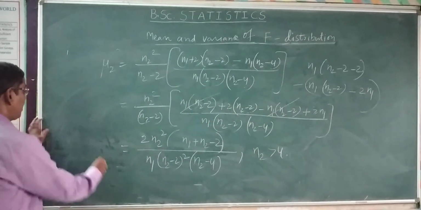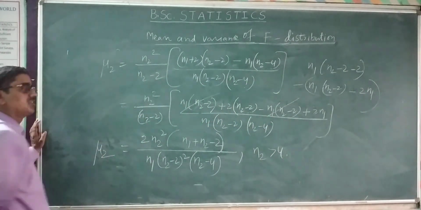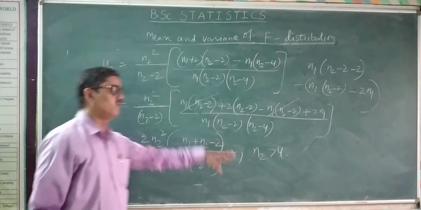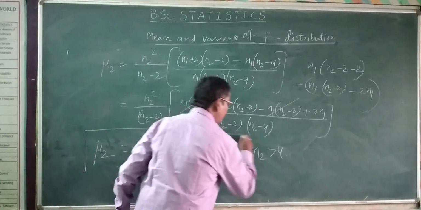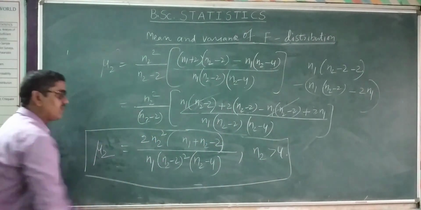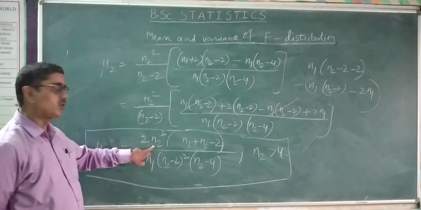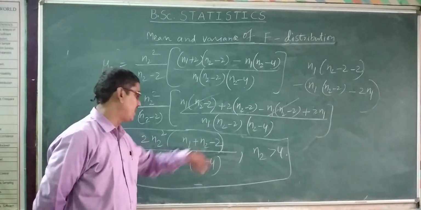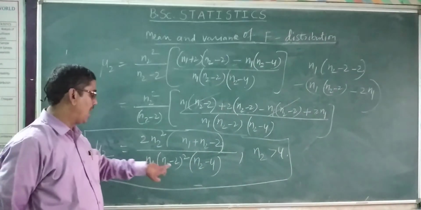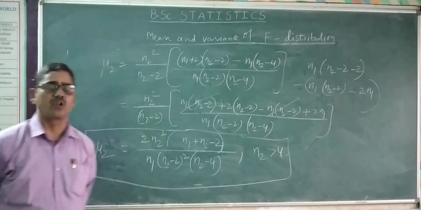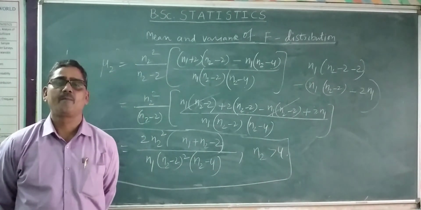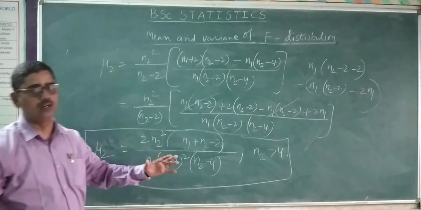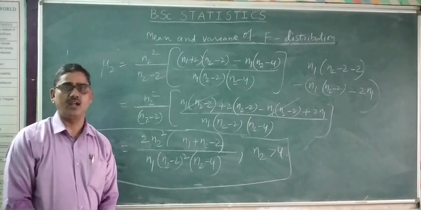Of course, in mu2 dash also, n2 should be greater than 4. This is the variance of F distribution. The variance of F distribution is 2 n2 square into n1 plus n2 minus 2 divided by n1 into n2 minus 2 whole square into n2 minus 4, for which n2 must be greater than 4. Hope you understand. Thank you.